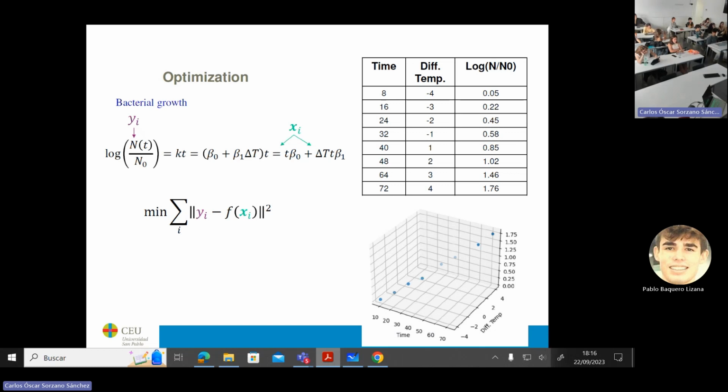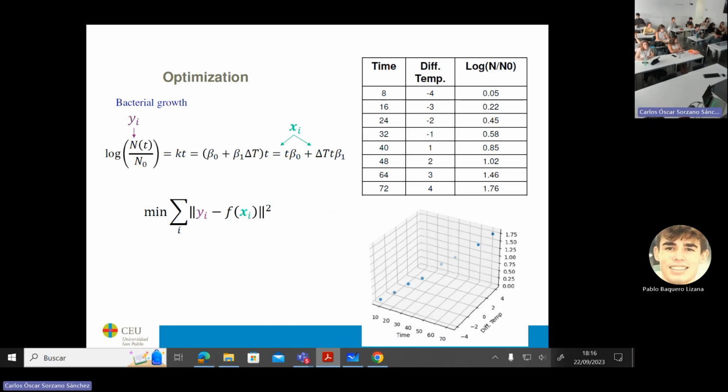Okay, so now what is my model? I can say, okay, my model is this: this output here, this is yi, will be a function of time. And this function of time will depend also on the temperature. So at the end, I will have a couple of parameters, beta naught and beta 1, and my model is this.